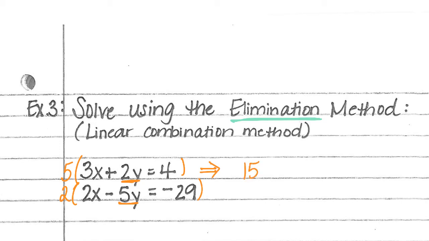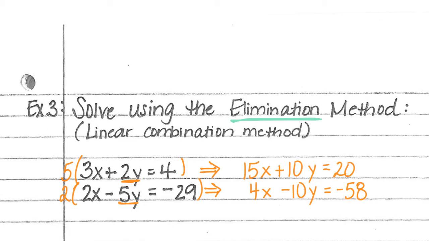So on the top, 15x plus 10y is equal to 20. And on the bottom, if I distribute, 4x minus 10y equals negative 58.